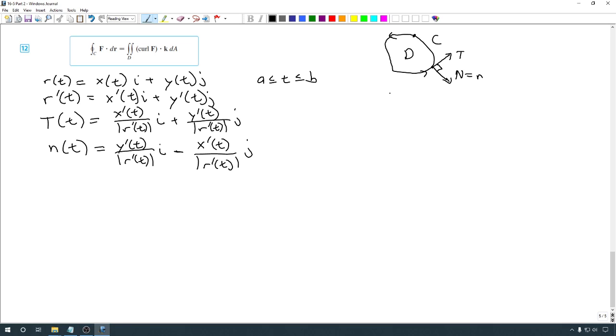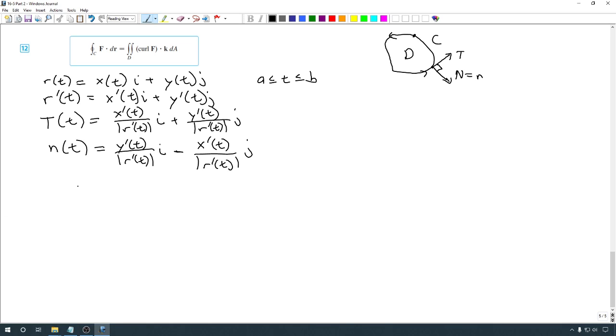What's not maybe as clear is that this expression is the one that's always going to be pointing outward from D as long as we parameterize C in our positive orientation. So that's actually pretty important for this.